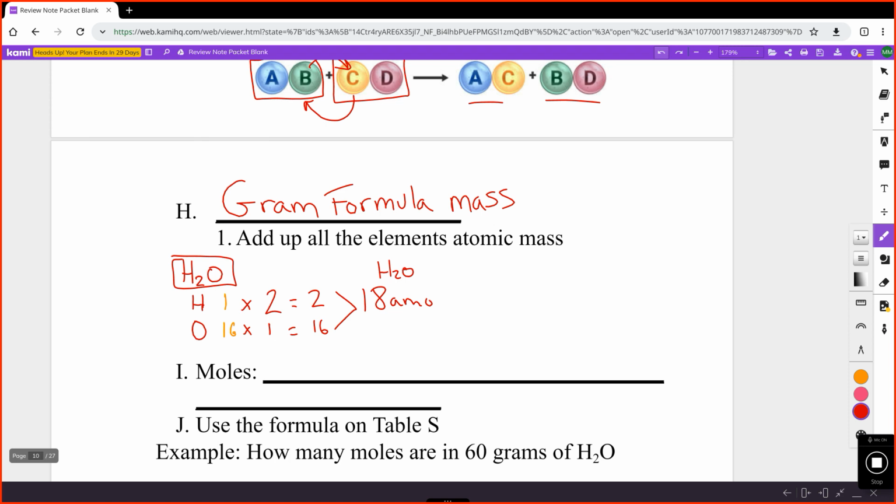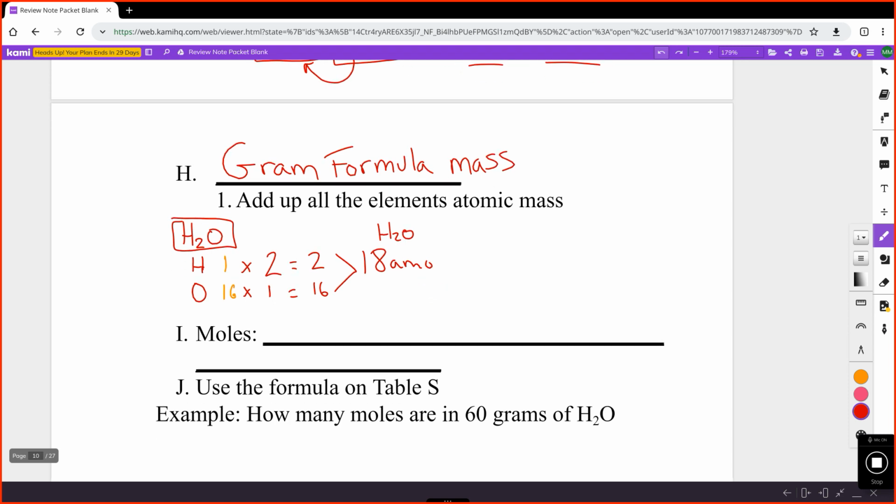Okay? So moles, right? Gram formula mass is the mass of the elements, but really, because it's gram formula mass, it's the mass of 1 mole. So the mole, or a mole, is the gram formula mass.